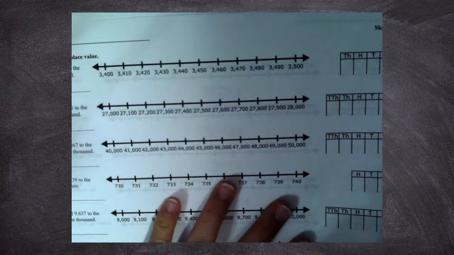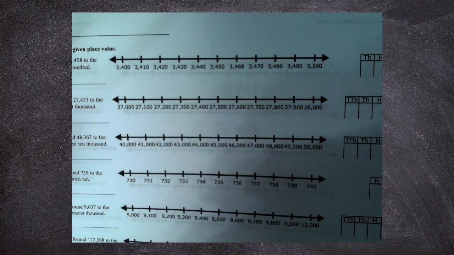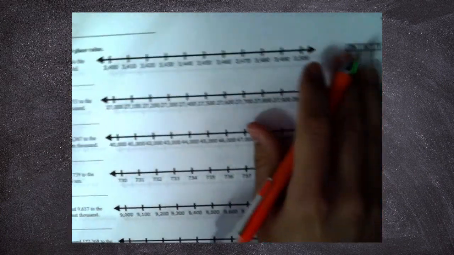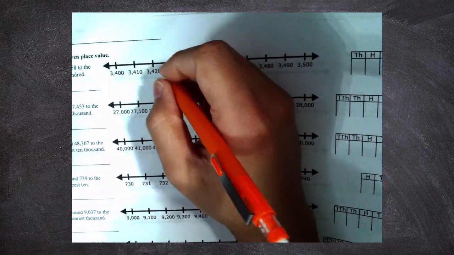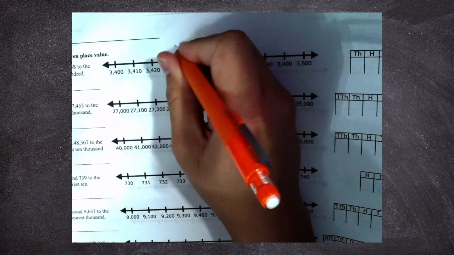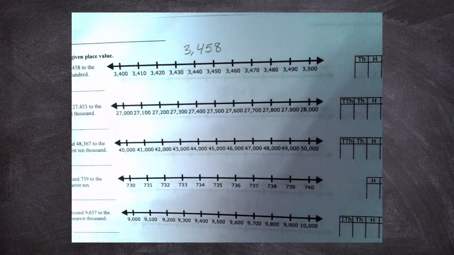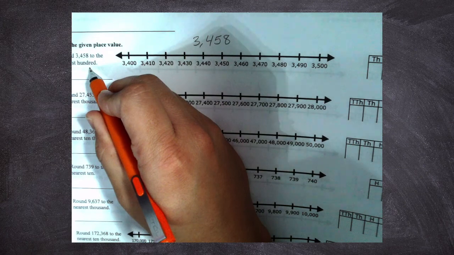I want you to go to the next page. Skills 2. And we're still working with some rounding here. But there's something different about these ones. I'll show you. Problem 1 says round 3,458 to the nearest hundred.